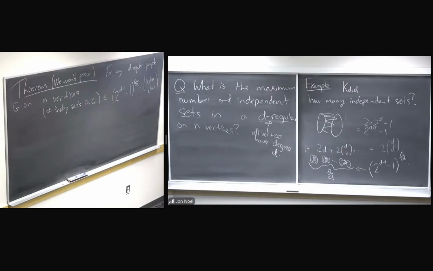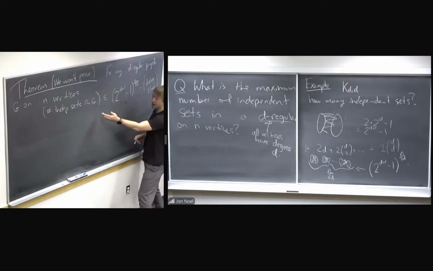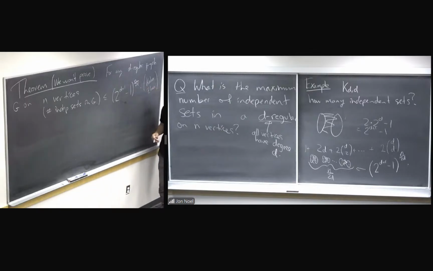But often we can also come up with techniques that maybe don't give the optimal bound in certain problems, but can be applied to a wide range of problems. The technique I'm going to talk about today is the second type, where I want to get a reasonably good bound on the number of independent sets in a regular graph. It's not going to be as good as this, but the approach can be applied to a lot more problems.